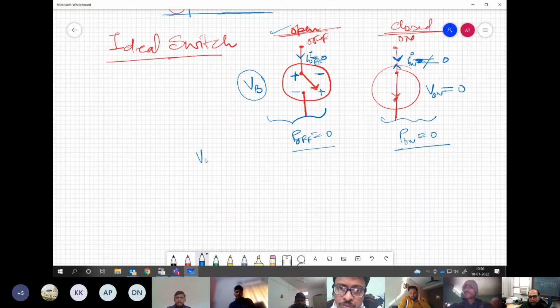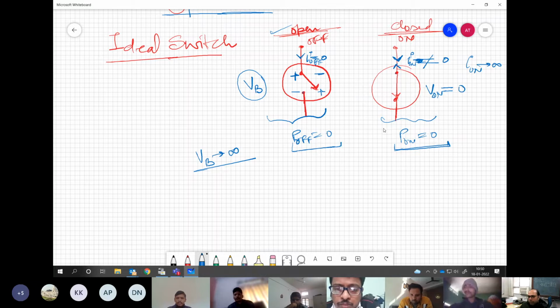So ideally V B is tending to infinity and any polarity. Similarly, in the on state, we have I on, which is not zero. So ideally it can go to infinity and any direction. Whereas V on, the voltage drop across the switch during the on state, is zero. So hence in both these states we have zero power loss.